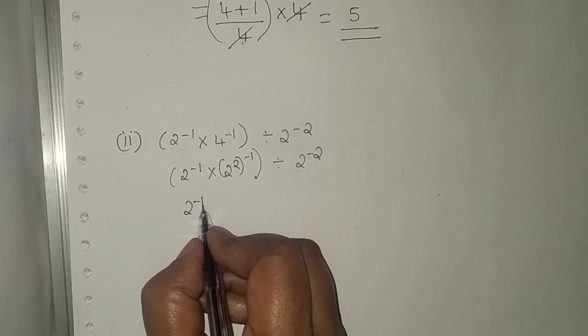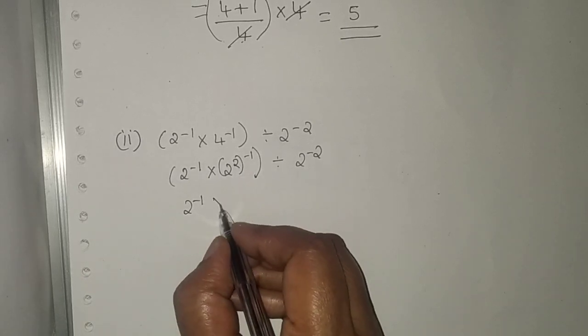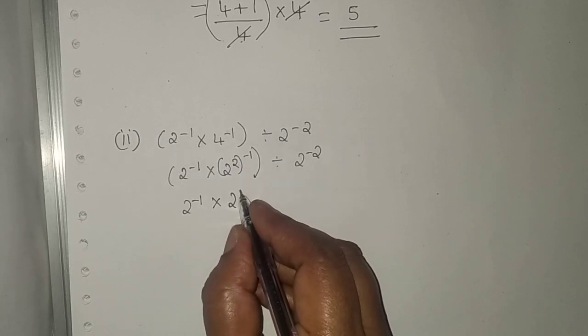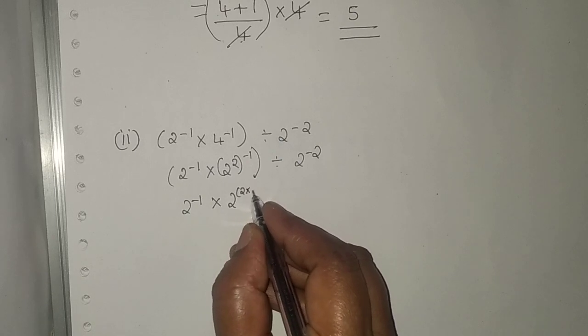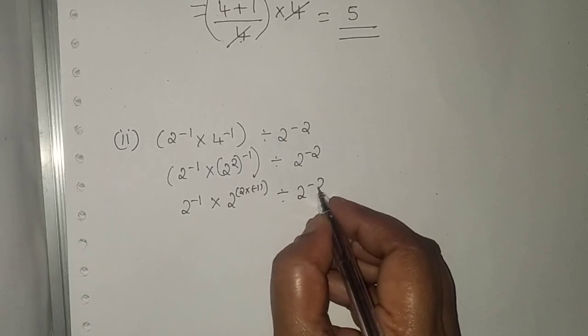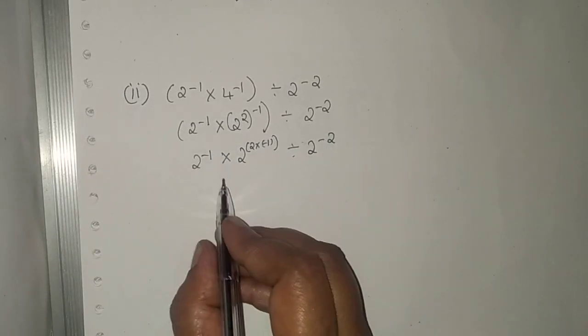Therefore, multiplying these two, this can be written as 2 power 2 into minus 1, divided by 2 power minus 2.